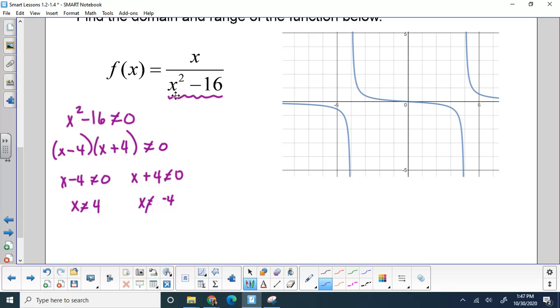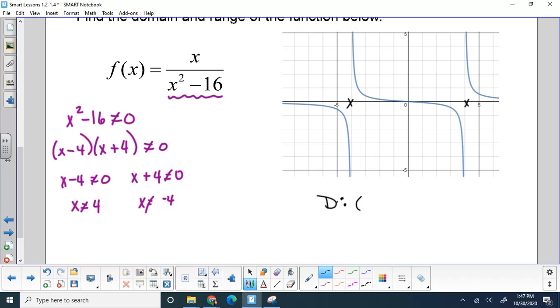As I look back at my problem, I don't see a square root symbol, so the second issue with domain is not going to be a factor that I have to worry about. All right, I'm going to state my domain. I'm going to use the letter D for domain. I know that this function exists everywhere except at negative 4 and at positive 4.